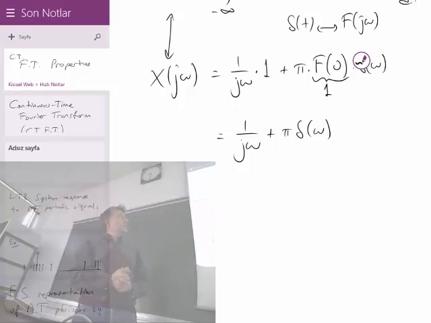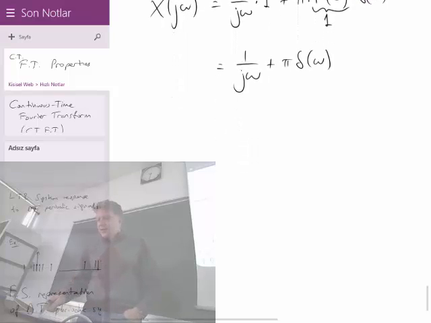So the Fourier transform of unit step includes quite a divergent thing. 1 over j omega, or 1 over omega, if you remember, around omega equal to 0 diverges to infinity, which is a problem. So the DC value of unit step should be something like infinity. And it is infinity. And then we have another impulse at the center.